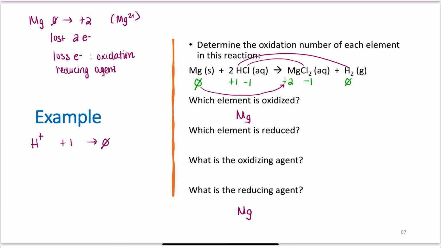Hydrogen went from H+ to H0, which was really just H2 gas, having no oxidation state. So which element is reduced? Hydrogen. Hydrogen gained 1 electron. Each hydrogen atom gained 1 electron. Overall, magnesium gave up 2. 2 separate hydrogens each gained an electron to be able to form H2. So this is my oxidizing agent.